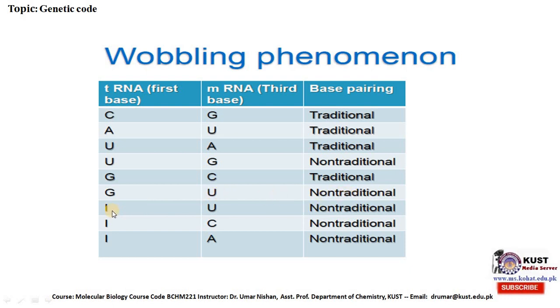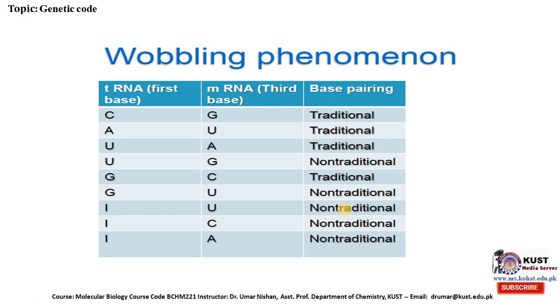In other situations where the first base is I in the three cases and the third base is U, C or A, in this situation the wobbling, because of the wobbling, the base pairing is again non-traditional.